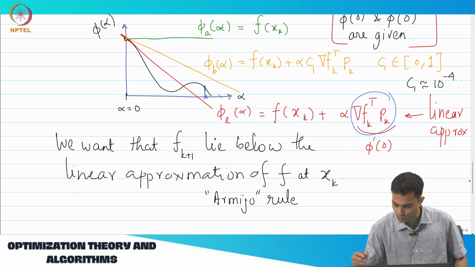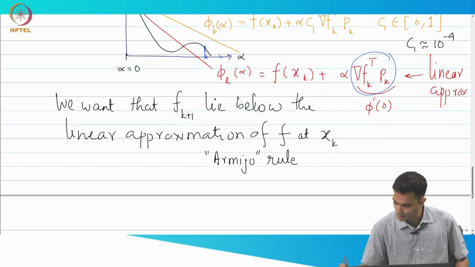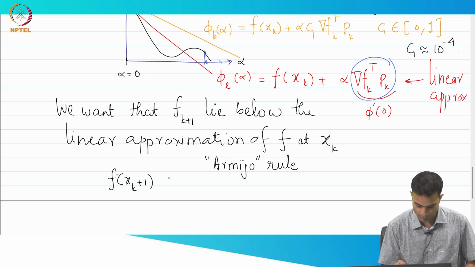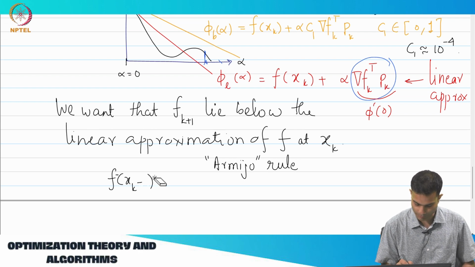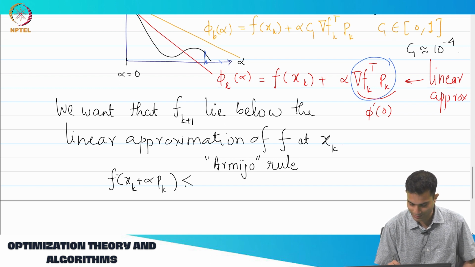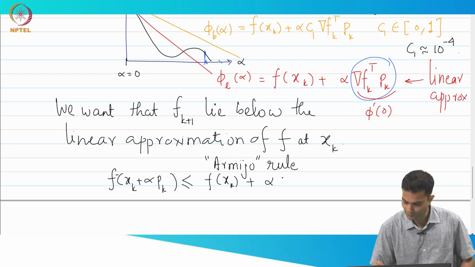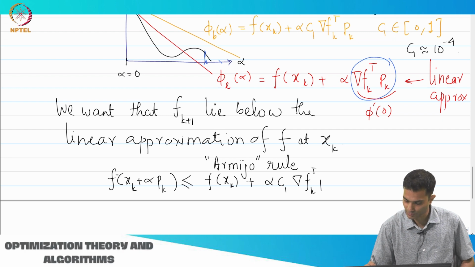So the Armijo rule simply is that f of xk plus alpha pk is less than or equal to f of xk plus alpha c1 grad fk transpose pk.